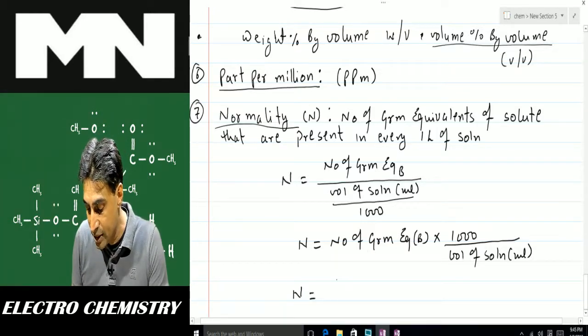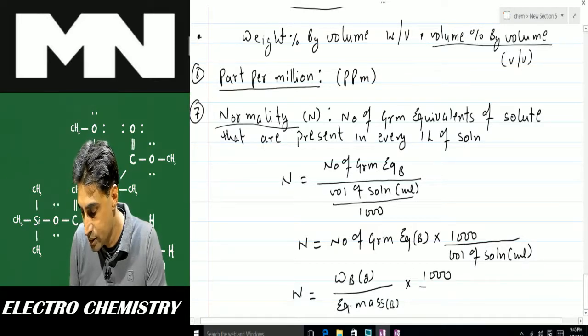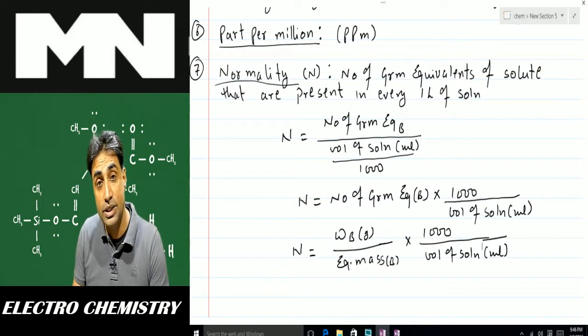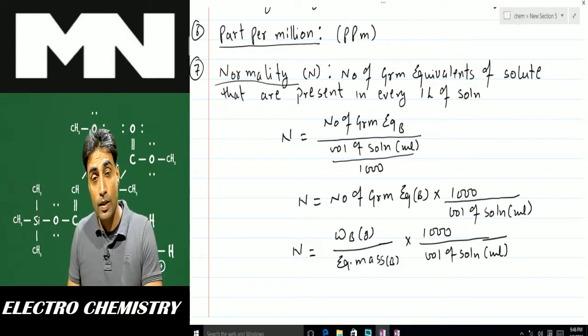So the number of gram equivalents is weight of solute in grams upon equivalent mass of solute, and normality becomes that into 1000 by volume of solution in milliliters. So this is what normality changes to. Now the question comes to our mind, what is equivalent mass?